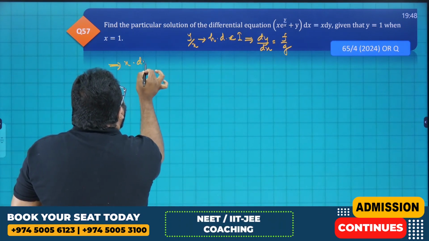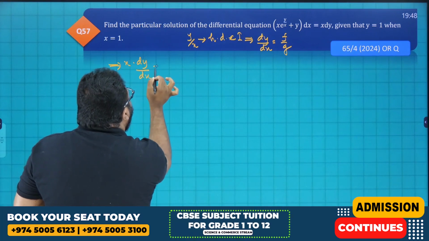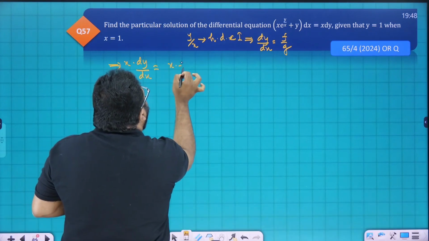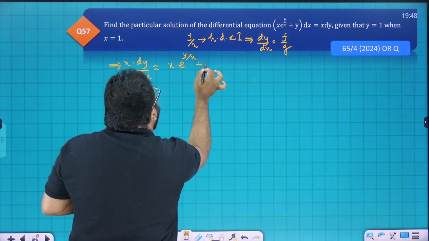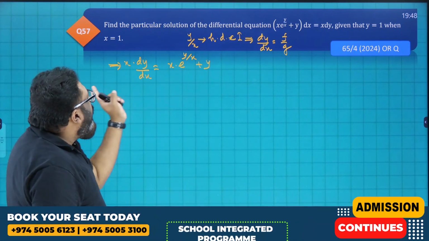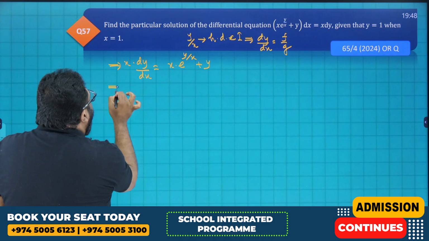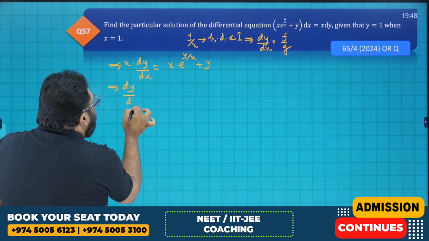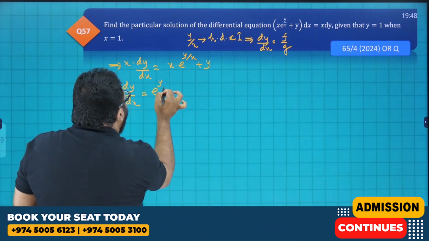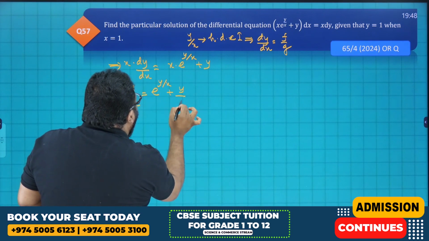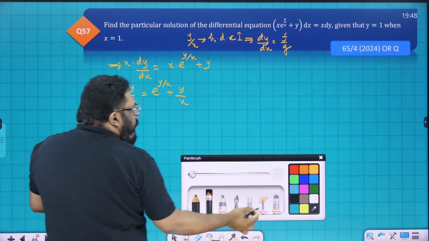Now I need dy by dx. So it's going to be x into dy by dx is equal to x into e raised to y by x plus y. Now I will divide by x everywhere. So dy by dx is equal to e raised to y by x plus y by x. Homogeneous type 1.